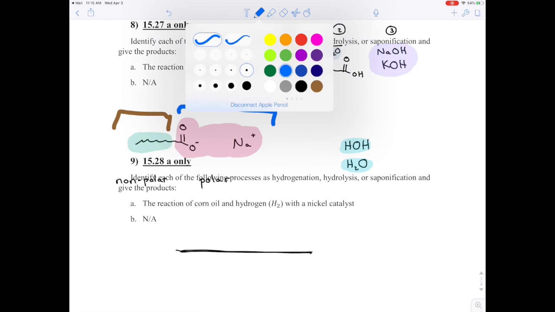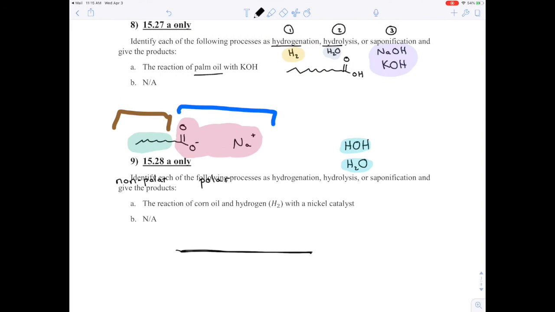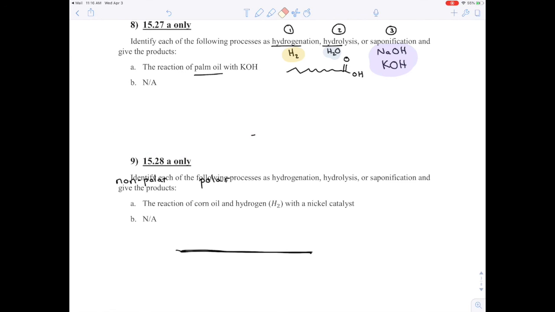And the fancy way of saying that you're making soap is you're saponifying something. You're doing saponification. So you saponify stuff, you make soap when you add sodium hydroxide or potassium hydroxide to a fatty acid. And so that's how we would recognize saponification.